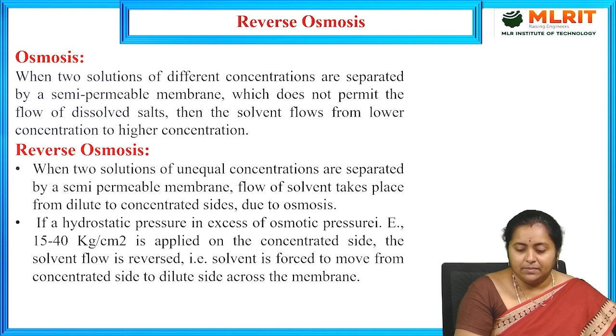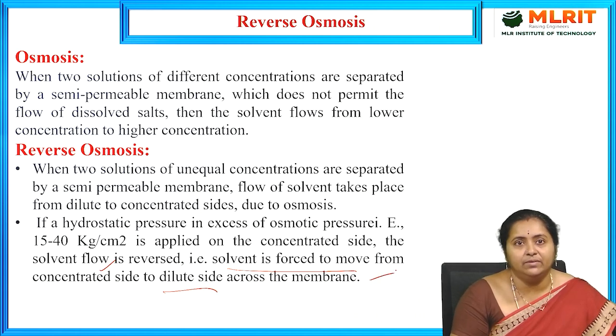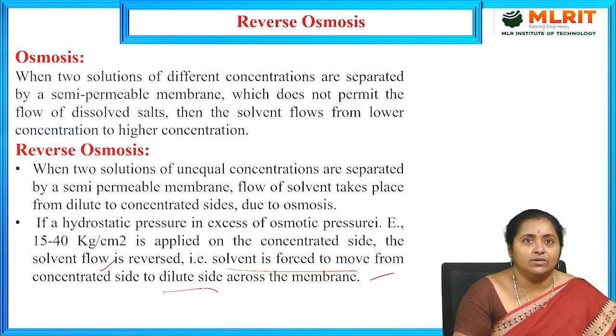Because of this process, solvent molecules are forced to move from the concentrated side to the dilute side along the membrane. The membrane allows the passage of solvent molecules from the concentrated side to the dilute side. That means the reverse principle is applied. That's why it is called reverse osmosis.